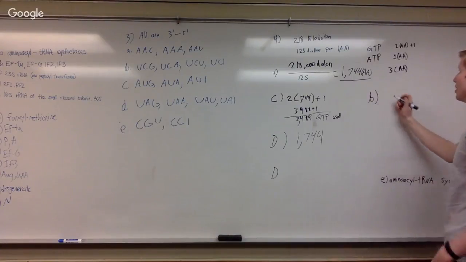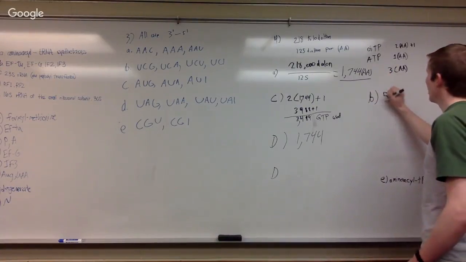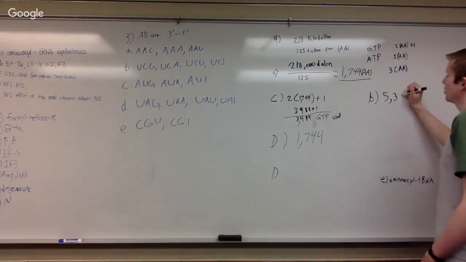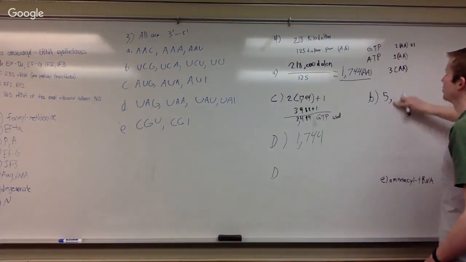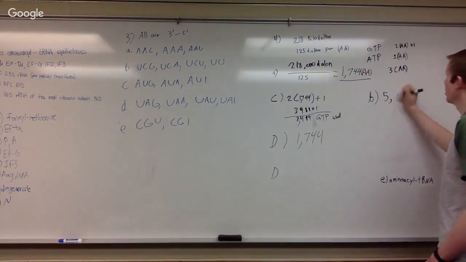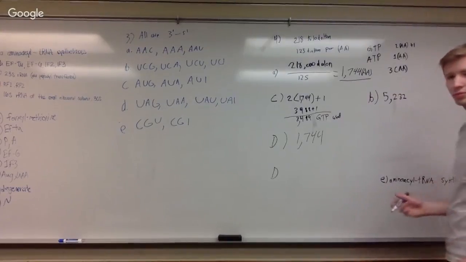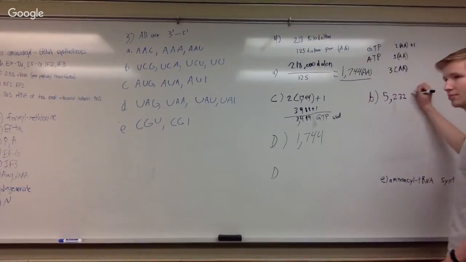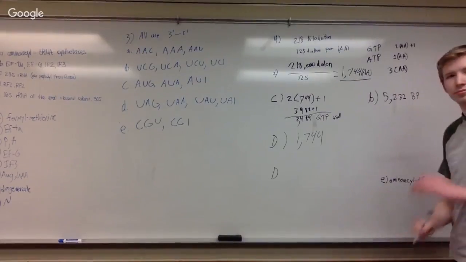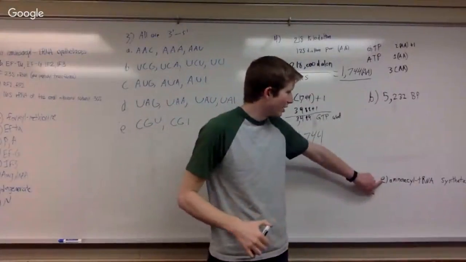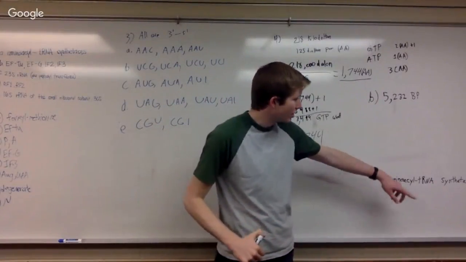And so when we do that, we get 5,232 base pairs. And E. E is just down here. I have it's the aminoacyl tRNA synthetase.